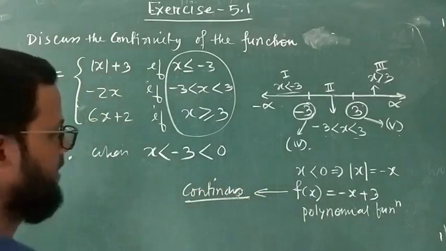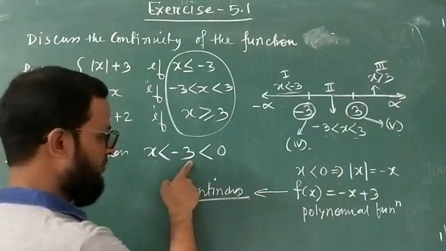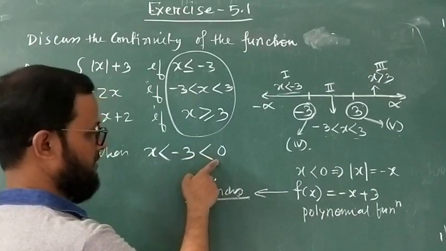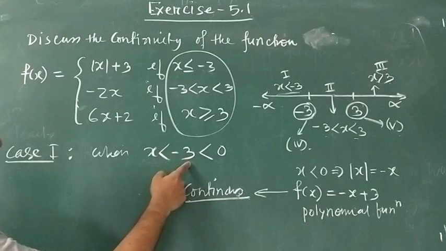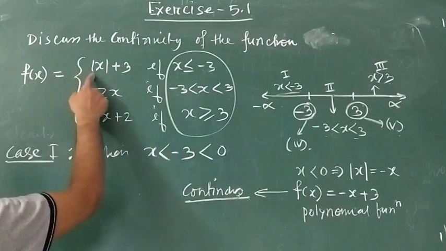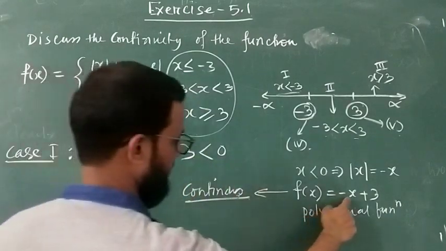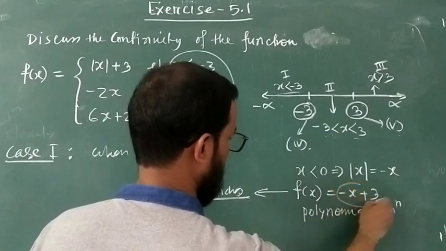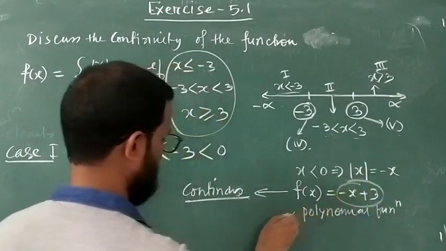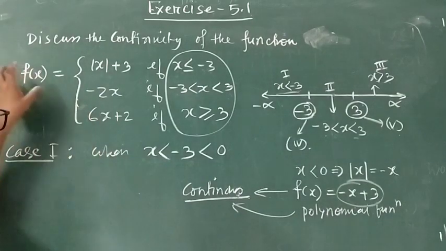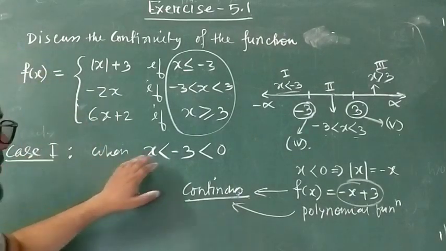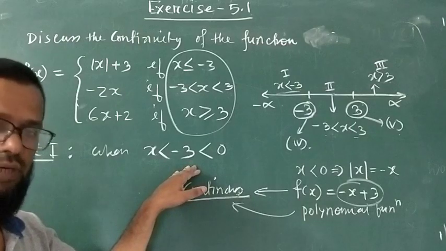understood. So finally, for x less than -3, which means x less than 0, we get modulus of x equal to -x, and therefore for x less than -3 your function becomes -x plus 3, which is a polynomial function, and polynomial functions are always continuous, and therefore we conclude that our function f(x) is continuous for all x less than -3.